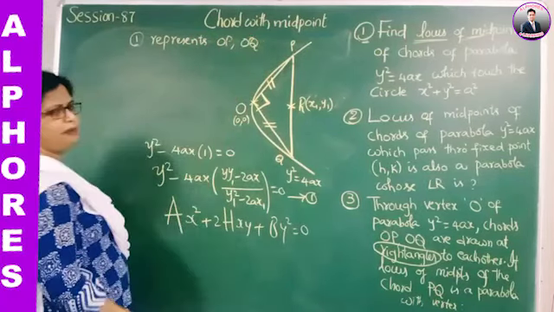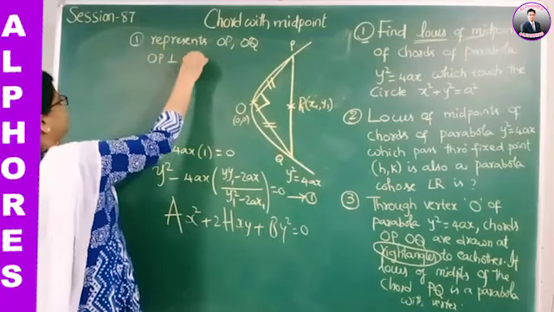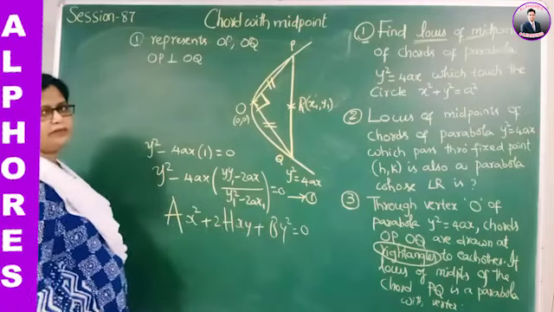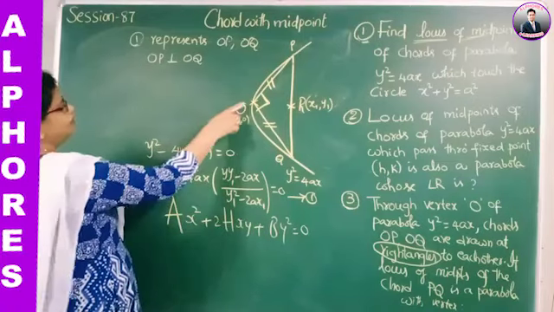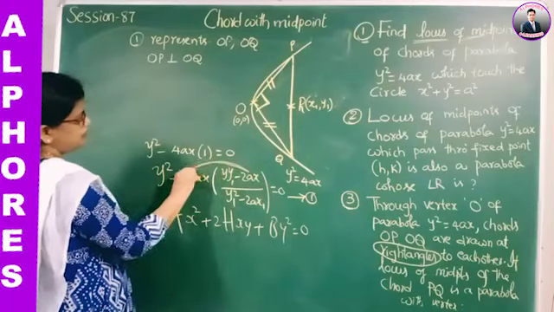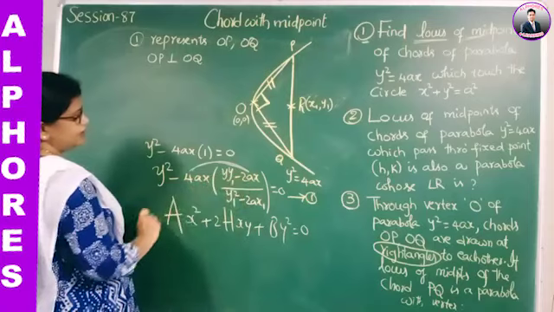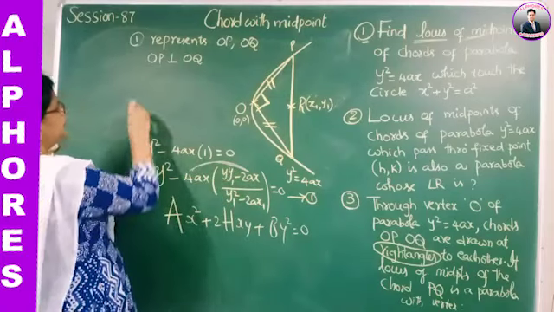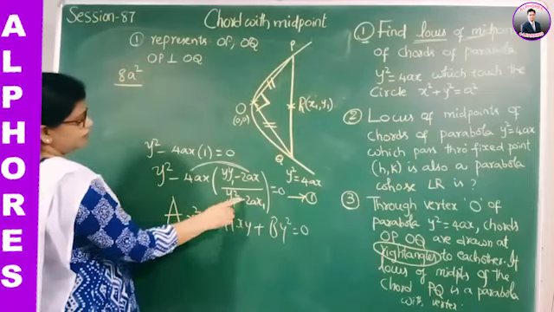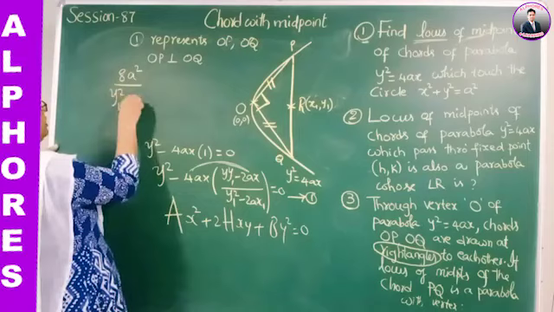Now OP is perpendicular to OQ, which implies what is our formula in pair of lines? Coefficient of x square plus coefficient of y square is 0. So what is the coefficient of x square? It is nothing but 8a square divided by y1 square minus 2ax1.